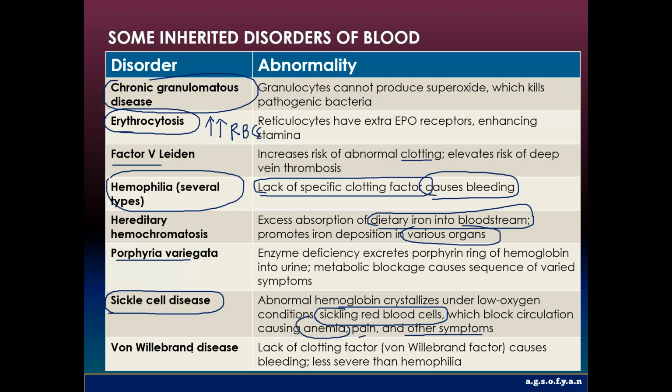Von Willebrand's disease. This is an individual that lacks clotting factor, almost similar to hemophilia, but it is less severe compared to hemophilia. So these are some inherited diseases.